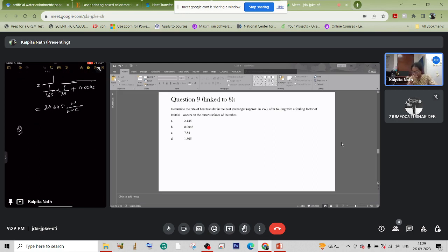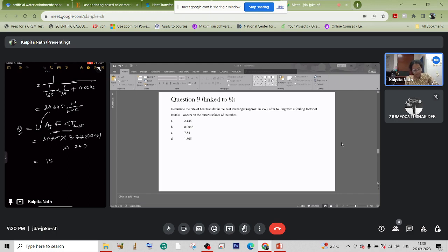So the rate of heat transfer is given by the overall heat transfer coefficient, area of heat transfer, the correction factor, and the log mean temperature difference. So this will be similar as earlier: 21.345 into 3.77 into 0.91 into 24.7.